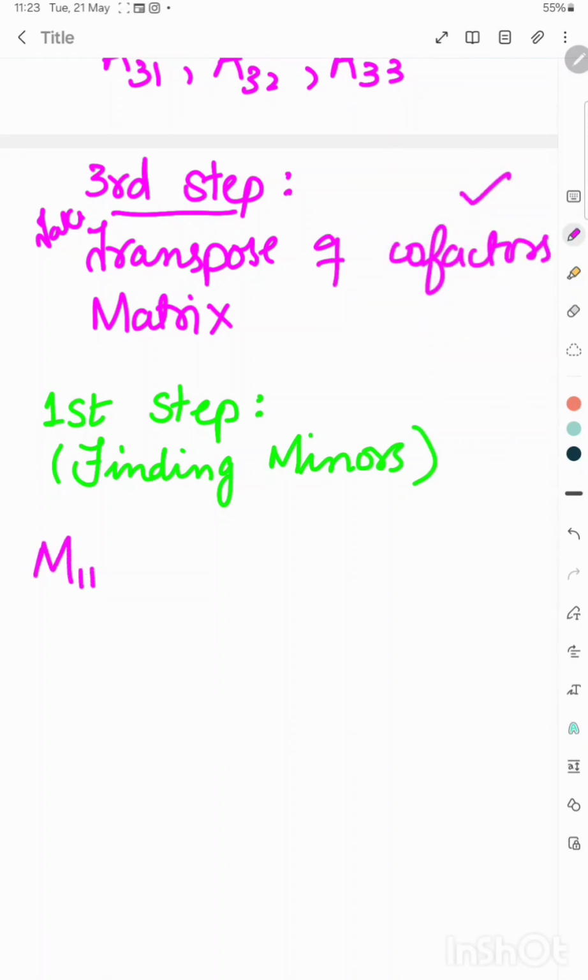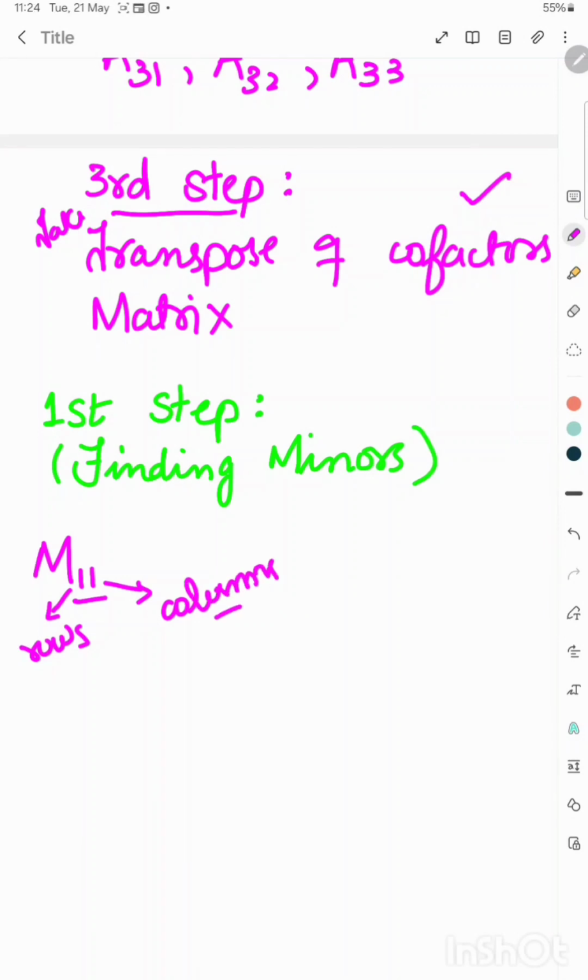So student, what does M11 mean? Here you can see 2 small numbers. Always remember that the number on the left side represents rows, and the number on the right side represents columns.